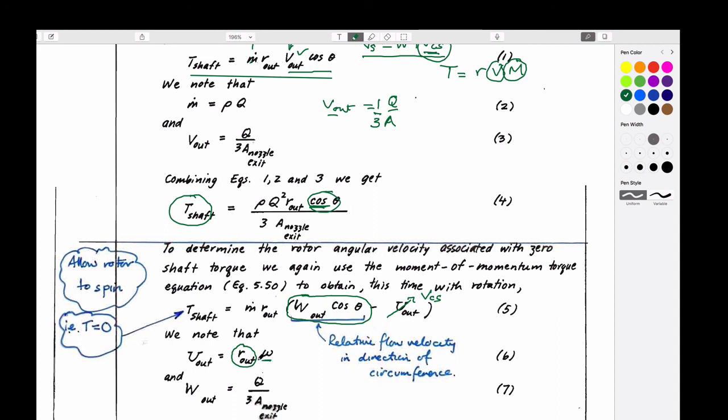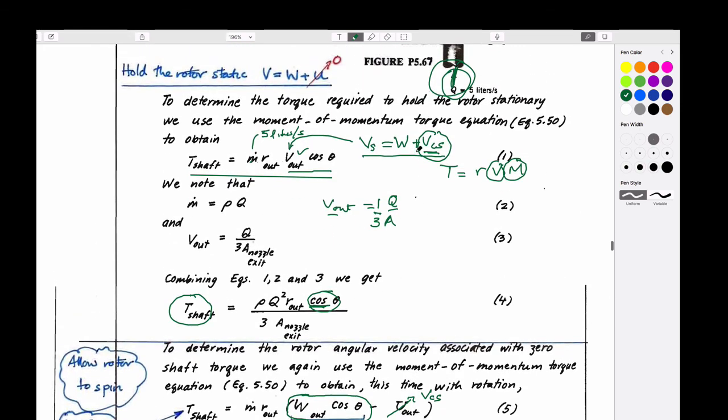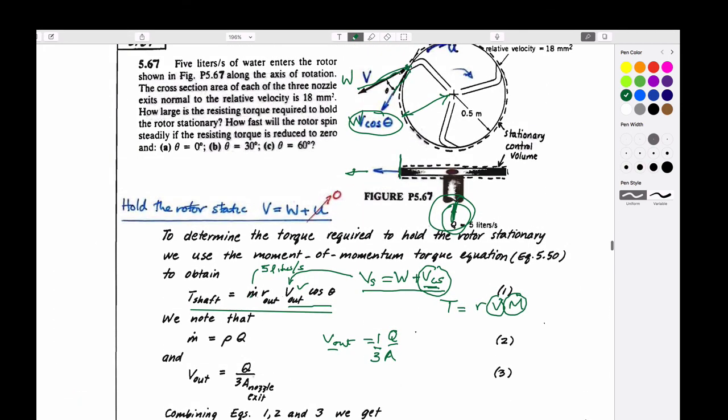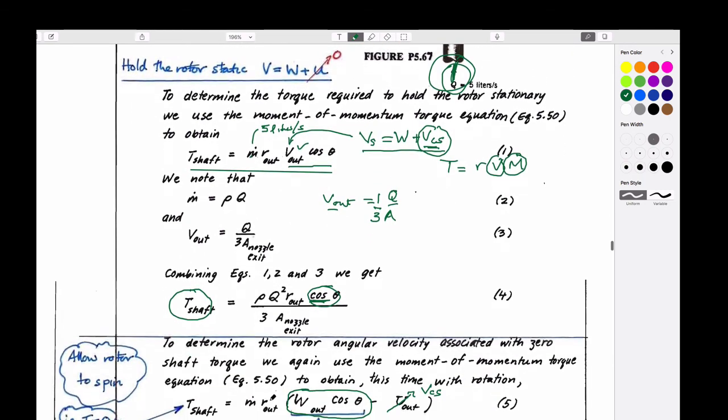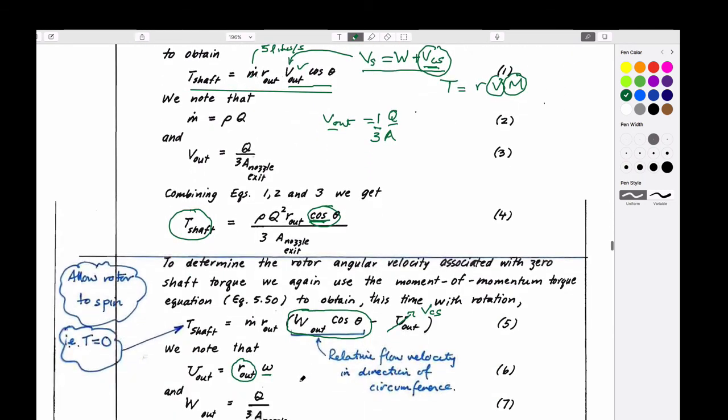If you know it's rotating at 2 pi radians per second, and it has a radius of 1, then the circumference it travels is 2 pi r in 1 second. That's really what this is. The negative is because these are a vector sum, and if it's squirting out in this direction for W cosine theta, then the rotation rate of this is going to be in the opposite direction. And so these together cancel out.